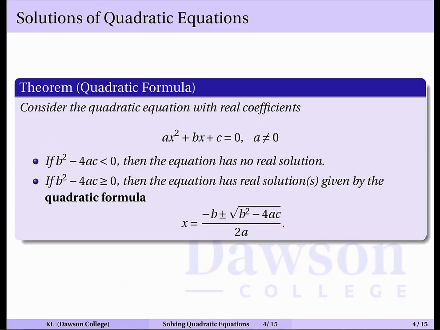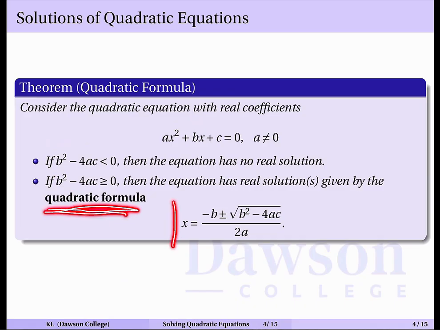On the other hand, if b squared minus 4ac is greater than or equal to 0, take note, that's a condition, then the equation has real solutions, which is given by the quadratic formula.